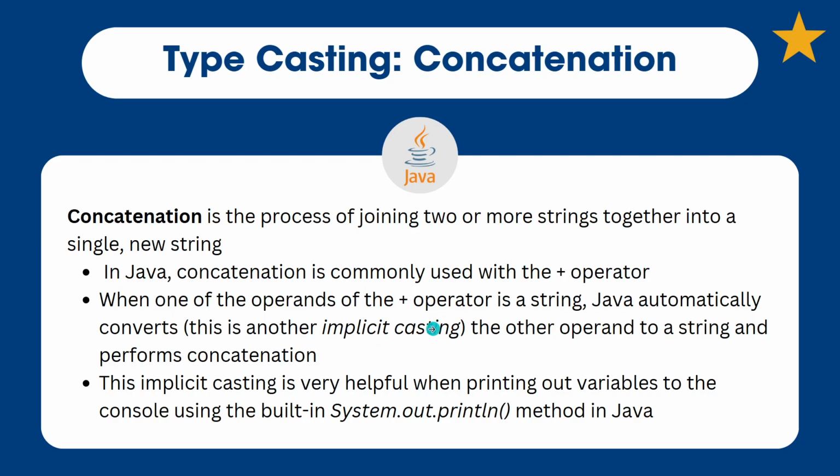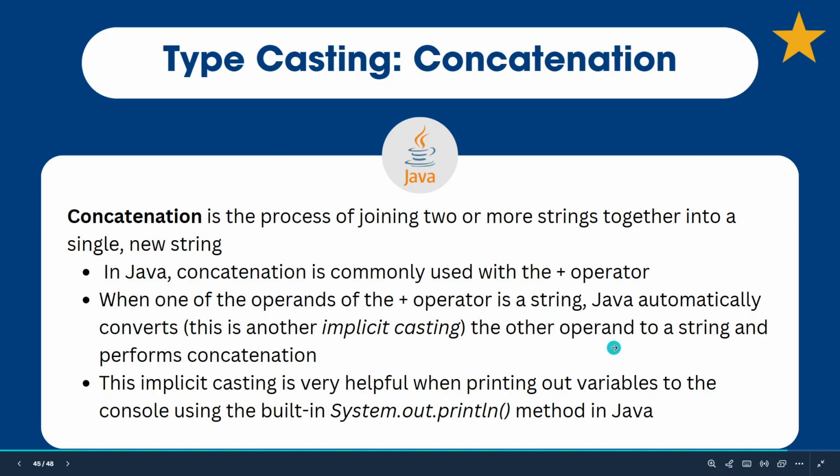So when you do concatenation, it's going to be implicitly casted every single time. This implicit casting is very helpful when you're printing out variables to the console using the built-in system.out.println method in Java, or system.out.print, depending on which one you're using. When you're doing concatenation inside this method, it's going to automatically do implicit casting.